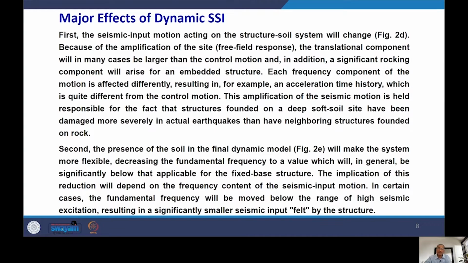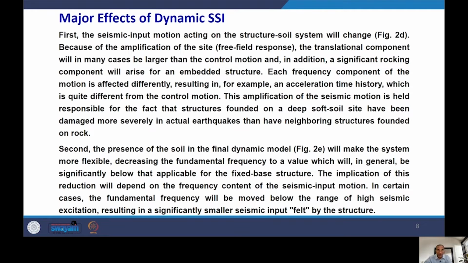And the implications of this reduction will depend on the frequency content of the seismic input motion. In certain cases, the fundamental frequency will be moved below the range of high seismic excitation, which results in a significantly smaller seismic input, which is normally felt by the structure. So what happens?